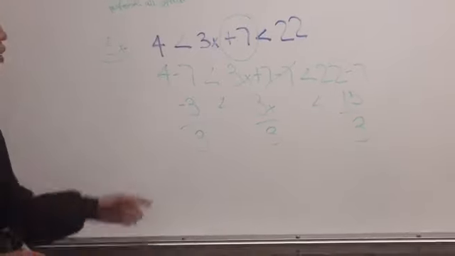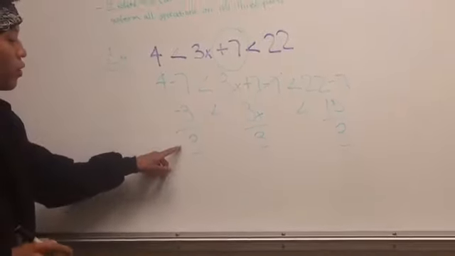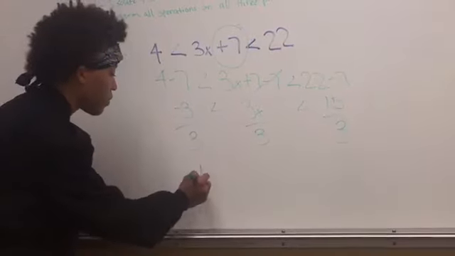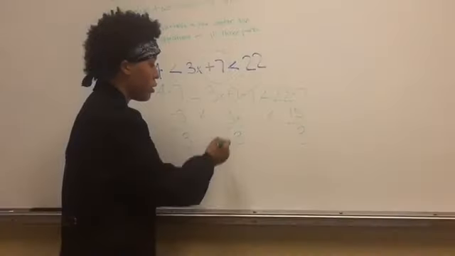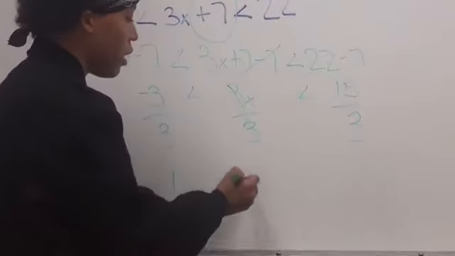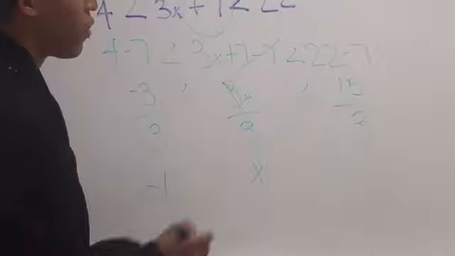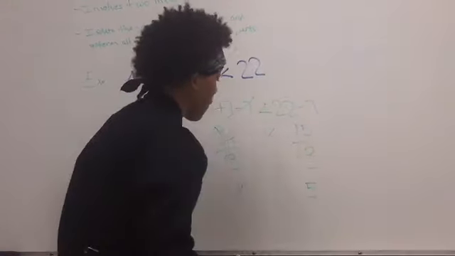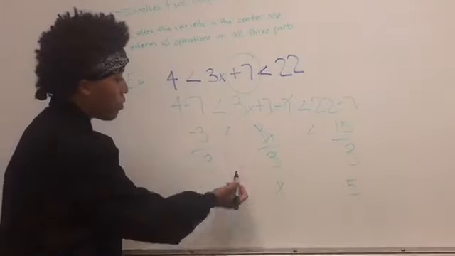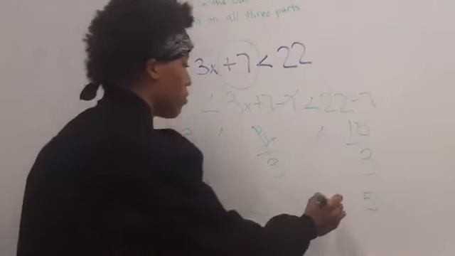So we have negative 3 divided by 3 equals negative 1. Then we have 3x divided by 3, which cancels out and leaves you with x. 15 divided by 3 equals 5. And again, we just bring the signs down.